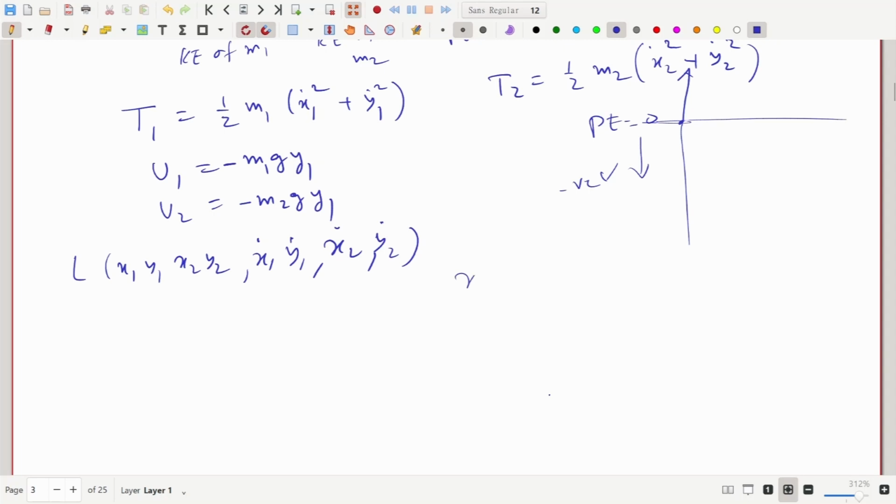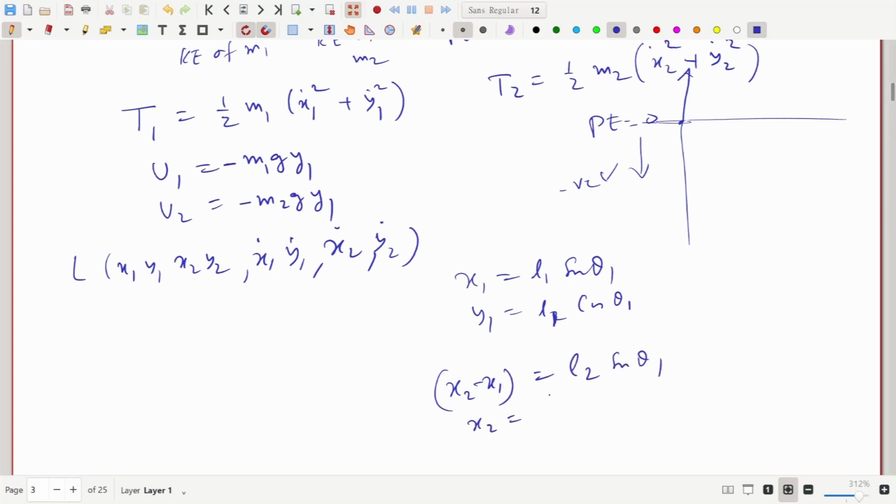So x1 should be L1 sine theta 1, y1 will be L1 cos theta 1, and x2 minus x1 will be L2 sine theta 2, that is, x2 will be x1 plus L2 sine theta 2.